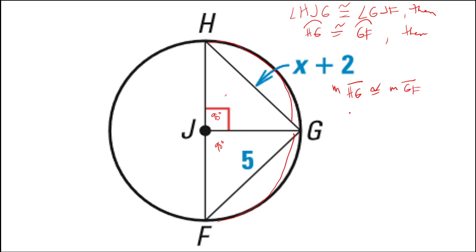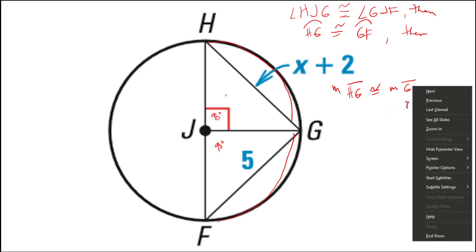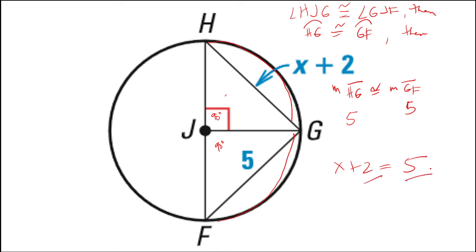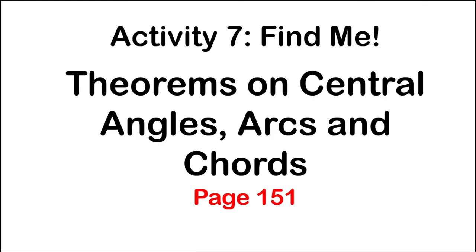If the measurement of GF is 5, kung 5 yun, ibig sabihin, 5 din si HG. Kaso si HG ay x plus 2. So, ano yung value ng x, anong ipa-plus mo sa 2 para maging 5? So, x is 3. Next, you will answer activity 7.